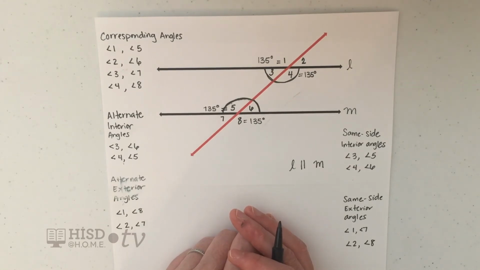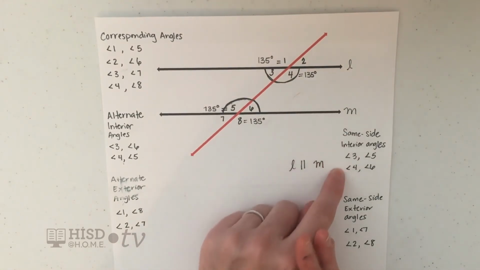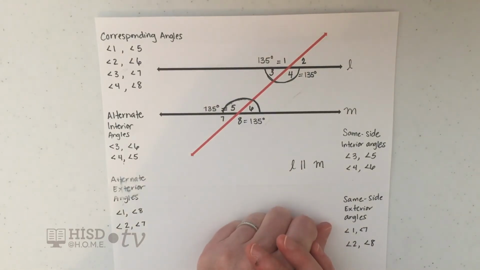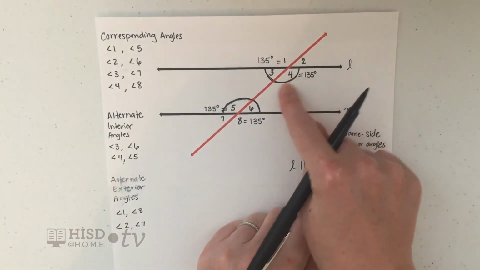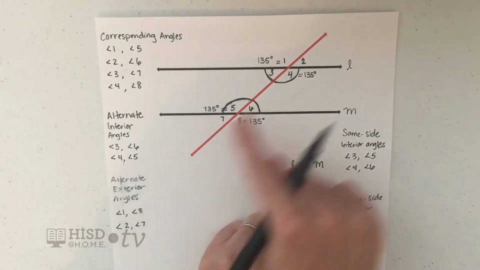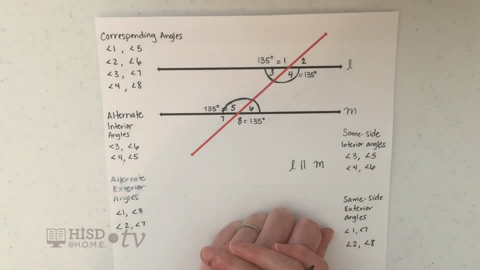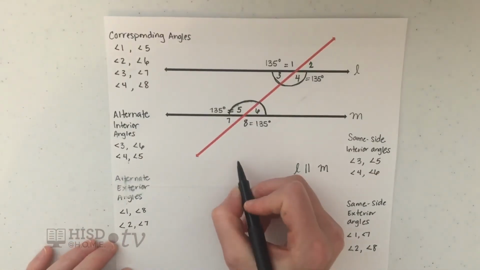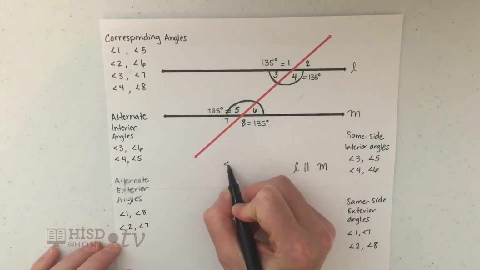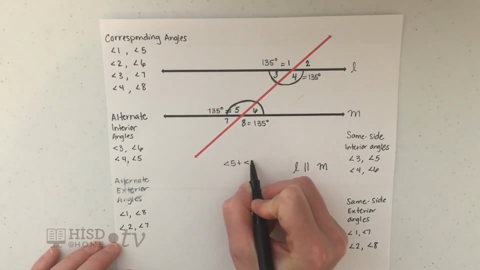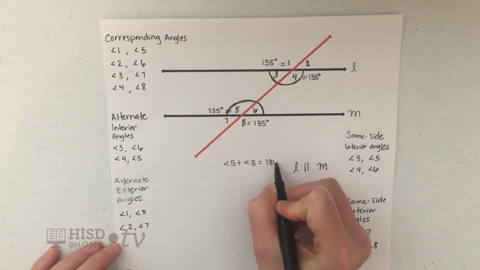All right, now looking at our same side interior angles, we know that these add up to 180 degrees. So angle 4 and angle 6, or we could say angle 3 and angle 5, have to add up to 180 degrees. So that means angle 5 plus angle 3 adds up to 180 degrees.